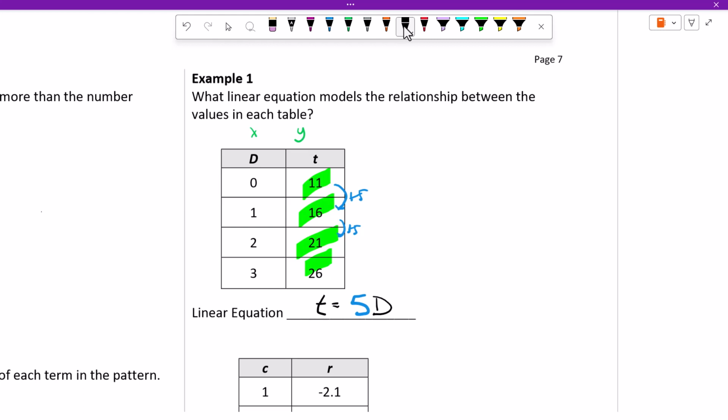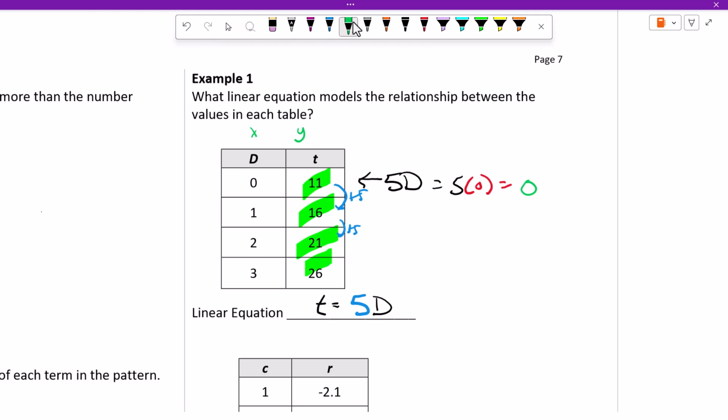Last time it's called an N. Right? So, we tested it out. We have 5D here. We stick in the number 0. We do our calculation and see how we need to adjust it. 5 times 0 equals 0, but it should have been 11.